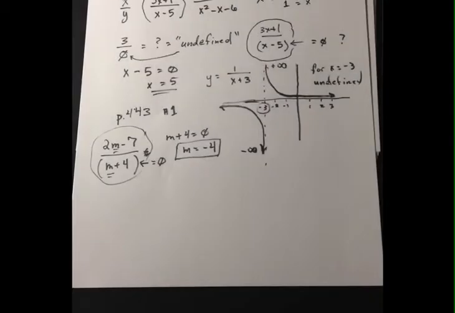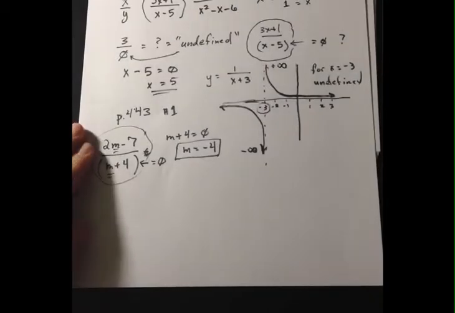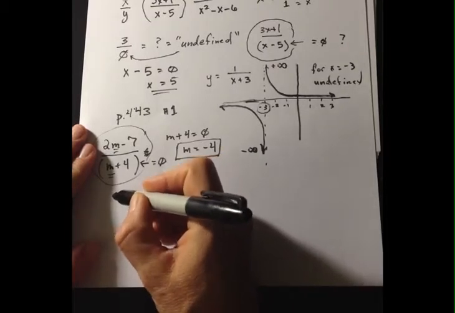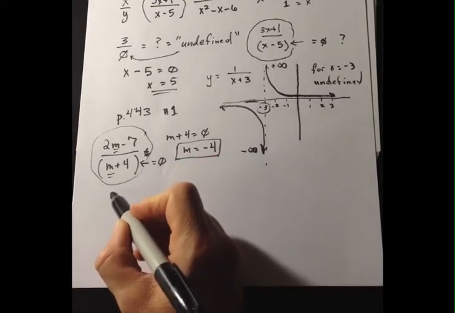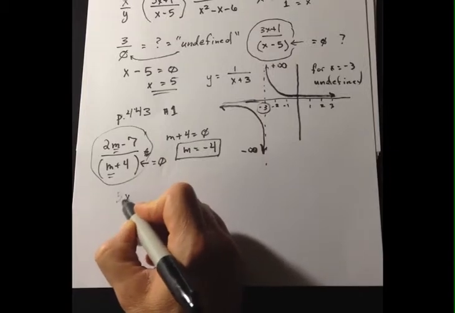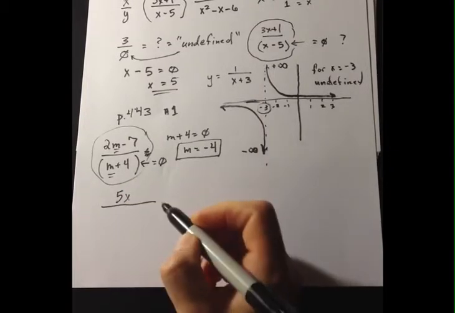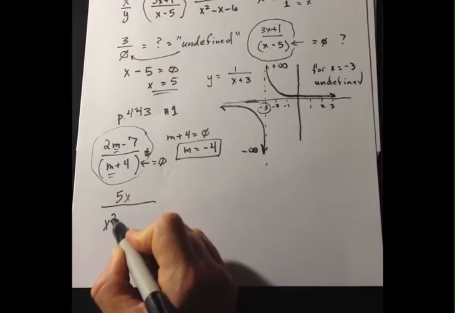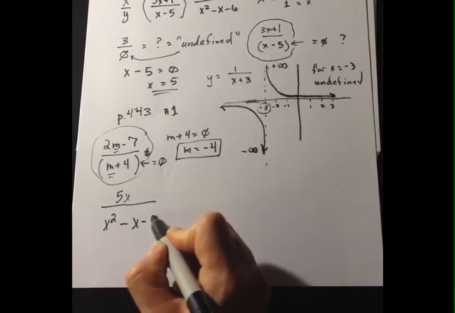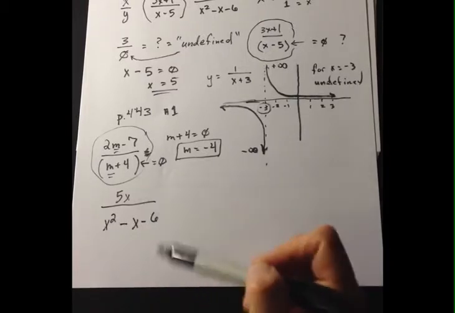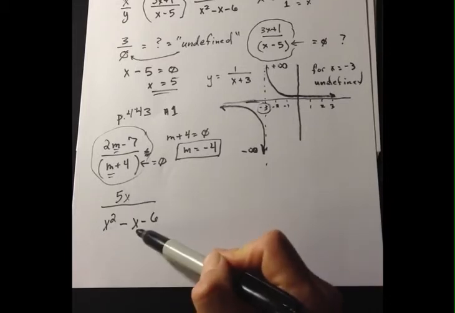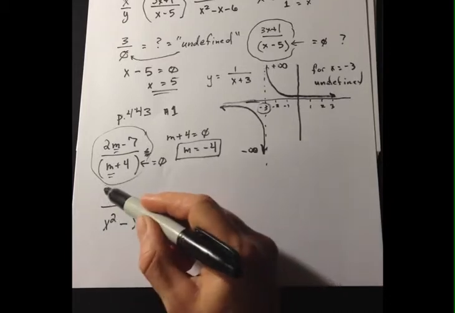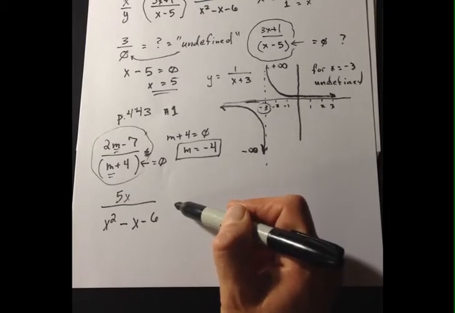I want to do a slightly more complicated example of this. In example 1, part B, on page 443, we are given the expression 5x over x squared minus x minus 6, and the question is to find the values of x that make this expression undefined.